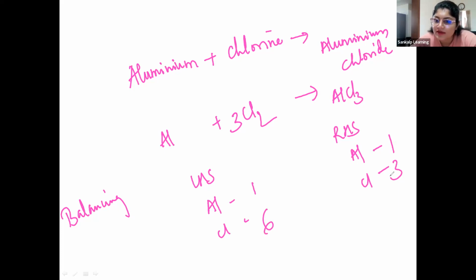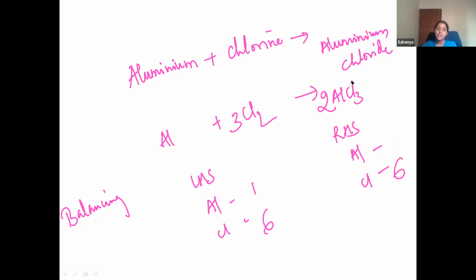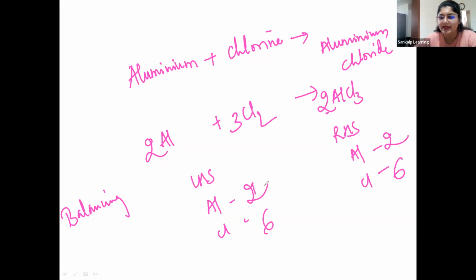Now here, these are 3, so if I multiply by 2, this becomes 6. Aluminium stays 2. Now I have to balance the aluminium by 2. Is it balanced? Yes, it is balanced now.